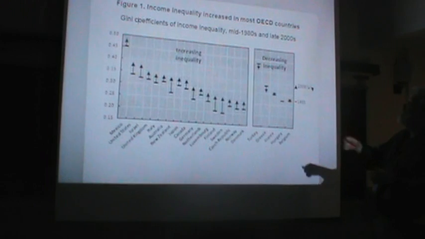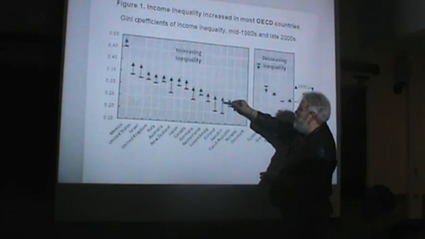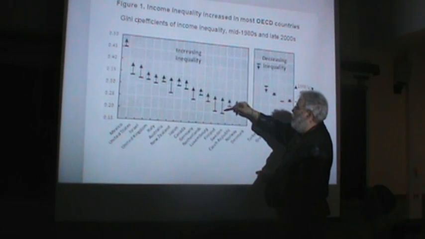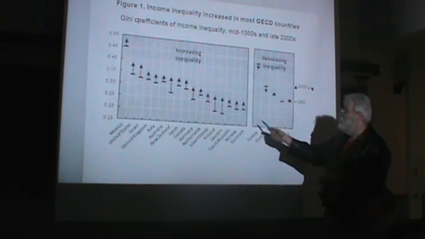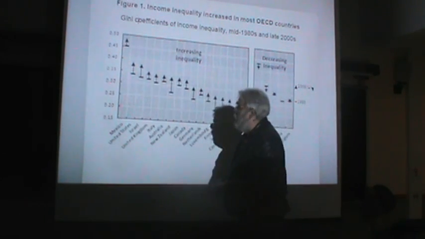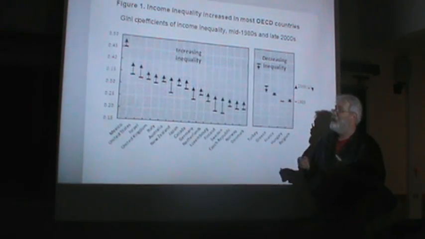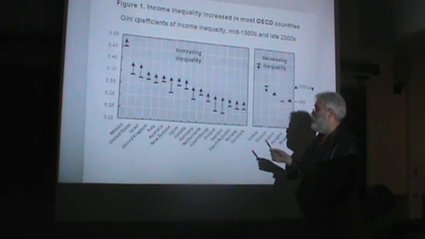Here we're looking at Gini coefficients of income inequality from the mid-80s and late 2000s. Each of these little bars allows us to see how the Gini index for each of these countries changed over time. And you'll notice all these arrows pointing up, showing increasing income inequality in country after country.